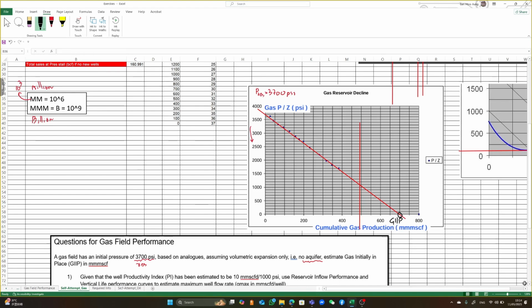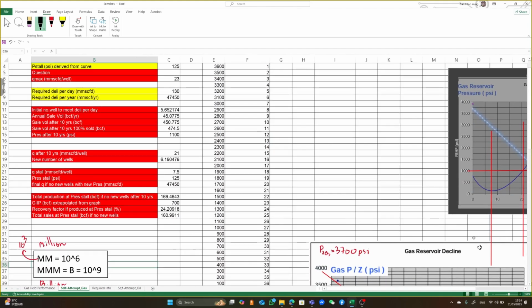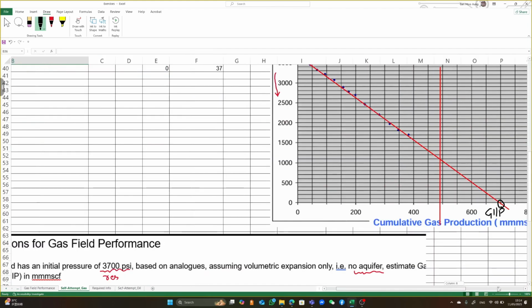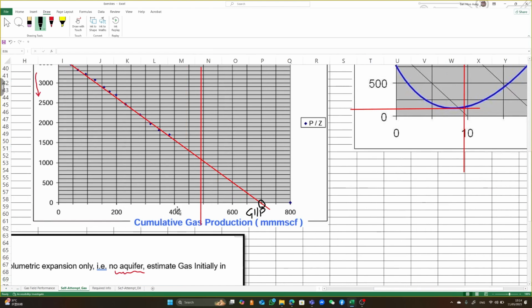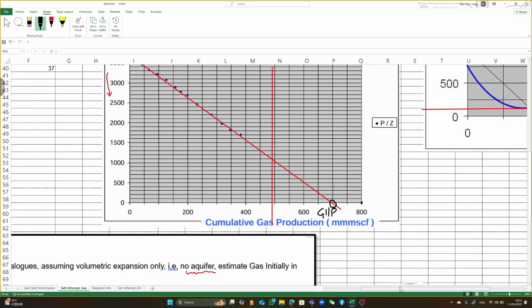Let's have a look at how much it is. We're given 200, 400, 600, and 800, so that means 100, 200, 300, 400, 500, 600, and this must be 700 MMM SCF. SCF is standard cubic feet.